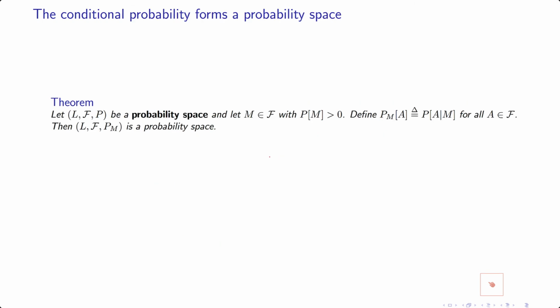So this is a very important, very trivial theorem which says that if you have a probability space, which is a triplet, and you have an event M, and the probability of M is not 0, then I can define a new measure of probability, which I call conditional probability, for all A inside F. In that case, the new triplet, with the new measure, which measures the probability with the condition that we know M is happening, is also a probability space.